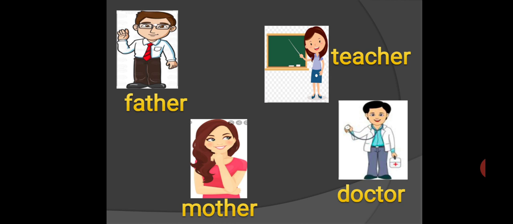So, with all these examples, we come to know that these are the different people whom we identify with their names. These are the different people, I repeat. Father, mother, teacher, doctor, barber, farmer, pilot, or anyone else. But it should be a person. It should be alive.